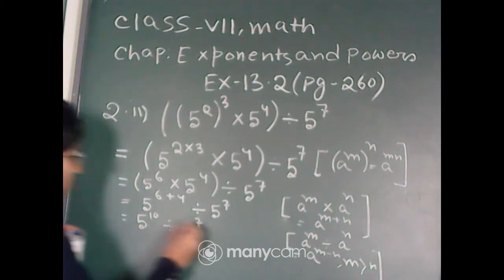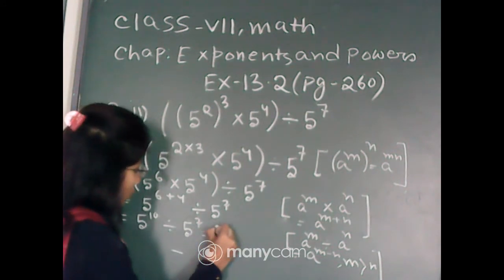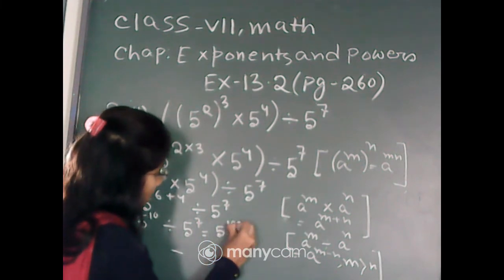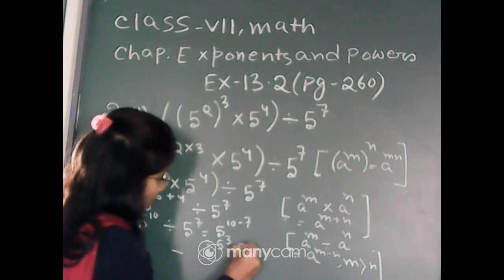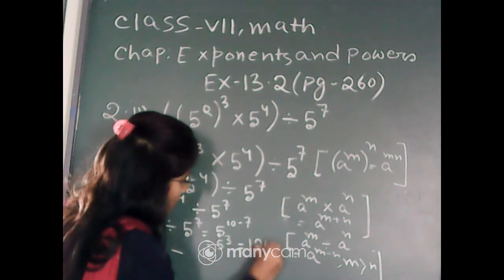Using this law, we get this is equal to 5 to the power 10 minus 7, that is 5 cube, and therefore, this is equal to 125.